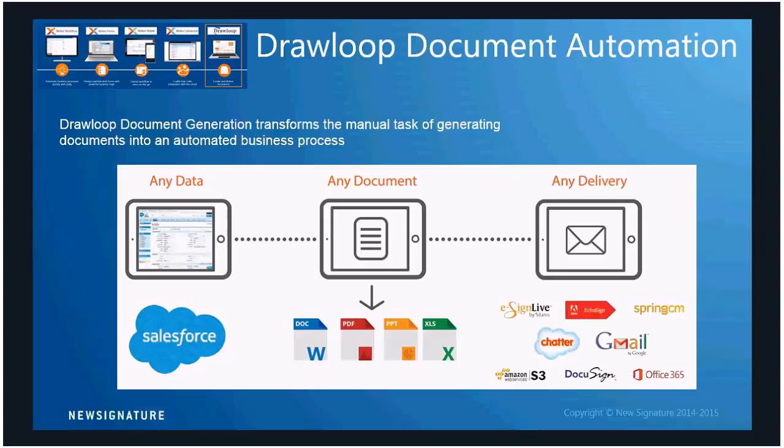If you look at the white area in the slide, you can take any kind of data, as an example data coming from Salesforce or Dynamics CRM, bring that into any type of document and send it out through any other kind of modality that you might think of. The key with document automation utilizing draw loop is you have the capability to drive a significantly greater degree of consistency based upon the content that is entered.